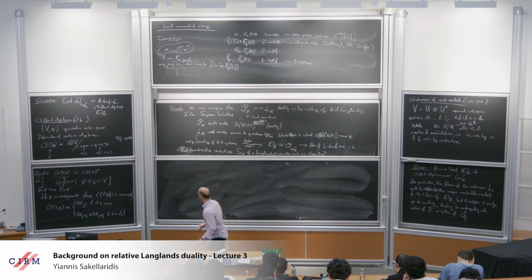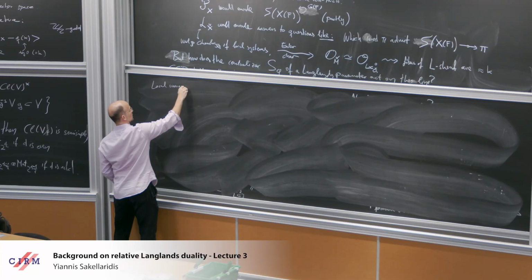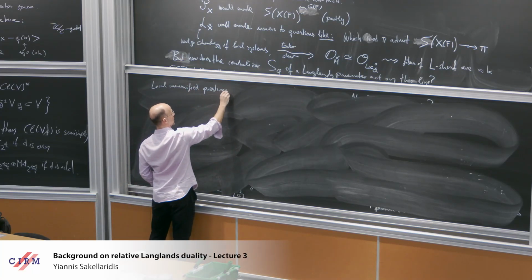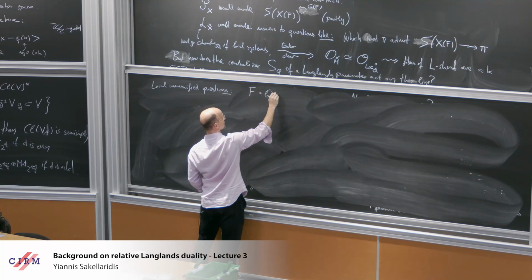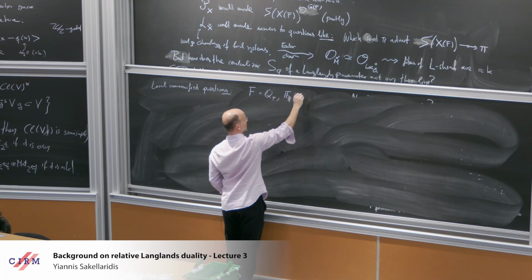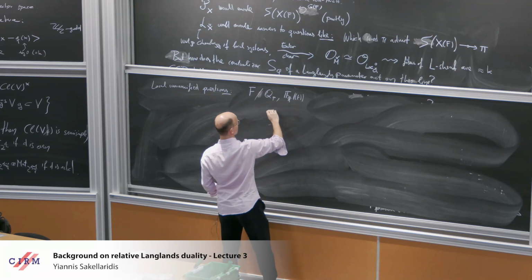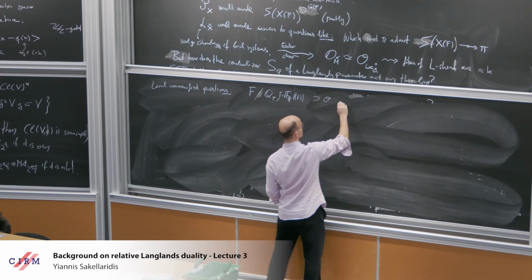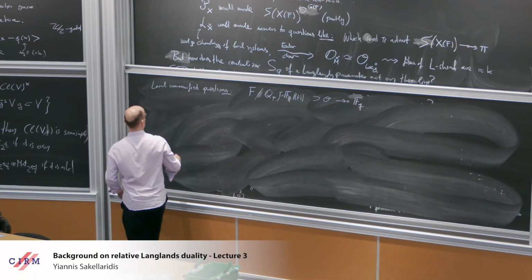So the local unramified question, function theoretically. Here I'm going to take F to be a local non-Archimedean field, so F over Q_p, with, inside of it, the ring of integers O mapping to F_q.